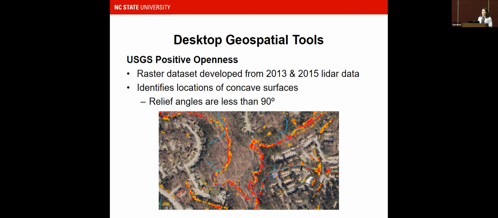One of these tools is the USGS's positive openness layer, which is a raster data set that was developed for North Carolina using 2013 and 2015 LIDAR data. It identifies the location of concave surfaces or incised streams where the relief angles are less than 90 degrees. I'm not going to go into a lot of detail on it, but Charlie and Laura will talk more about this in the next presentation.